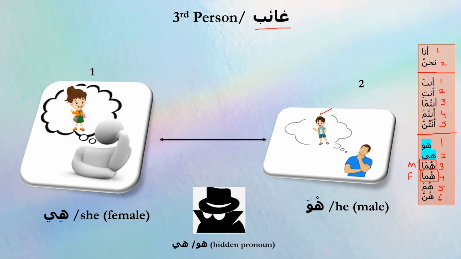A single male, not present in front of you. And hiya, when you are speaking about a female and she is not present in front of you, that is used for the female. And know that huwa and hiya are the hidden pronouns. They are the hidden pronouns. In the fail madi, you will find them as hidden, and this topic I have discussed before.